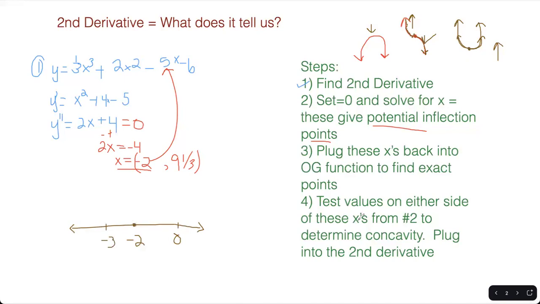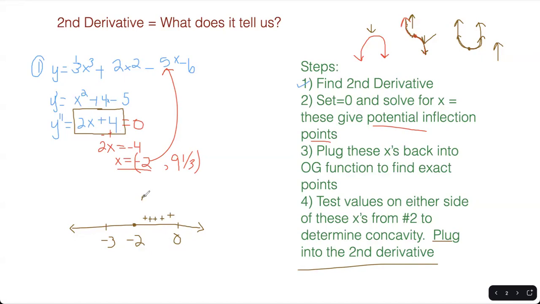Now, the key is when you test these values, you are plugging them into the second derivative. So we're going to be plugging these two values that we chose, 0 and -3, into the second derivative. If I plug in 0 in here, it'd be 2 times 0 is 0, plus 4. So I'm going to get a +4. That means anything that I plug in to the right of -2 is going to give me a positive answer. That means that it is concave up right here.